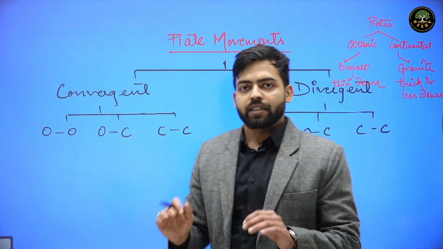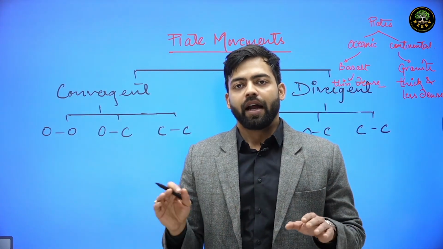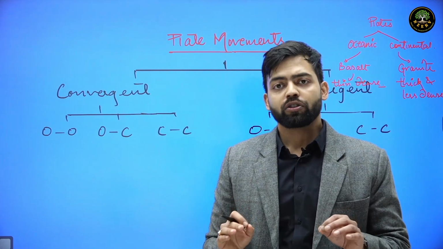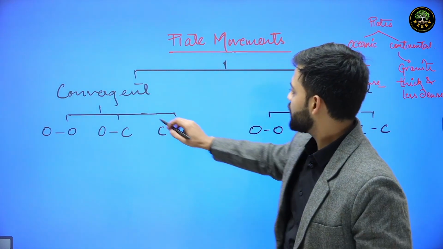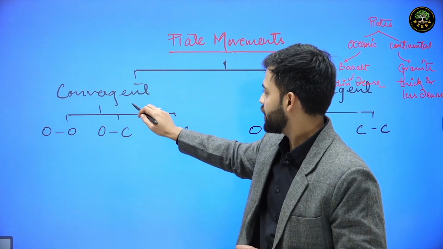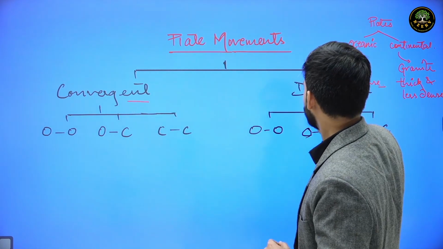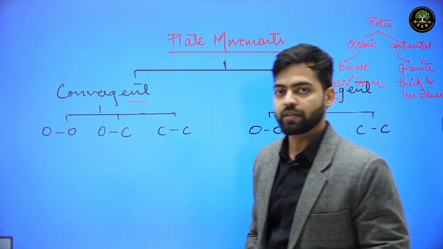Now the interaction between oceanic plate and continental plate because of compressional force and tension force gives rise to different kinds of plate boundaries like convergent plate boundaries and divergent plate boundaries.